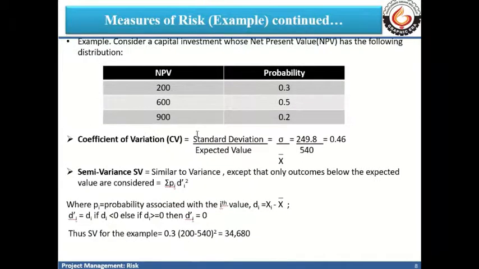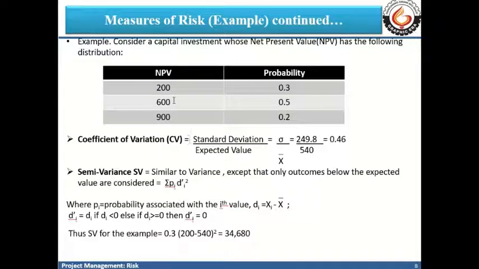So in the variance formula we take the differences for only those values which are less than 540. 200 is less than 540, so we take the difference, 200 minus 540, square it, and multiply by the corresponding probability. The values 600 and 900 are more than 540, so we do not consider them in semi variance.